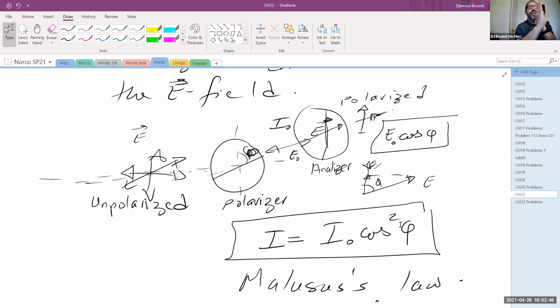If phi is 0, then cosine of 0 is 1, so when you square it, it is 1, so the intensity is exactly the same. As you start to move more and more, the cosine of phi decreases, and this cosine squared becomes less and less until it vanishes completely at 90 degrees. Then, as you run light through a first polarizer and a second polarizer, you will have no light coming from the other side, 0 intensity. Make sense?